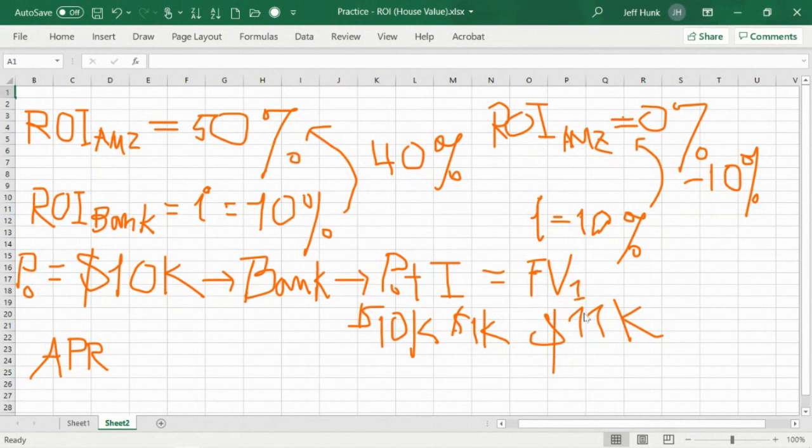And then subscript 1. So FV1 stands for future value at time 1. Make sense?